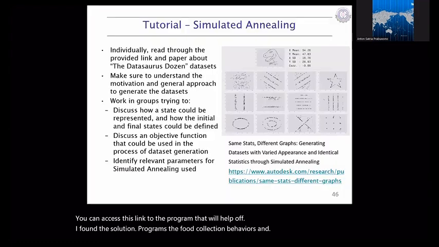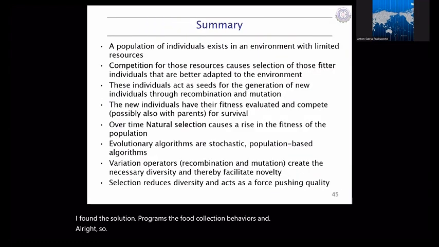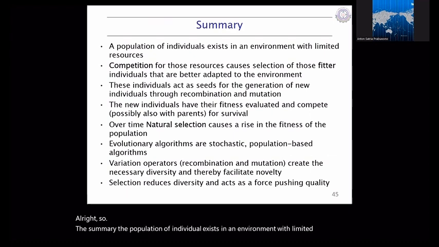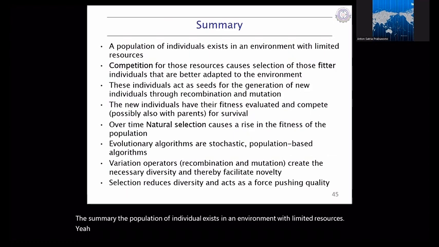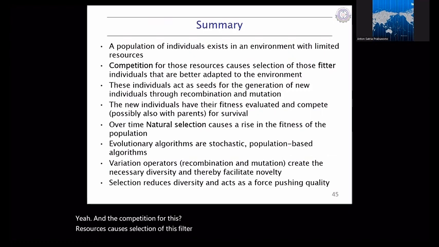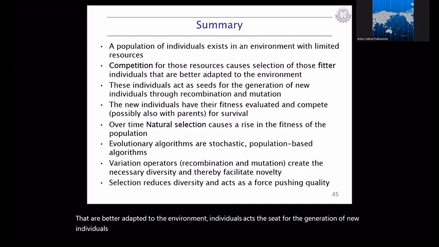All right, so the summary: the population of individuals exists in an environment with limited resources, and the competition for those resources causes selection of those fitter individuals that are better adapted to the environment. Individuals act as the seed for the generation of new individuals through recombination and mutation, with the crossover and mutation.